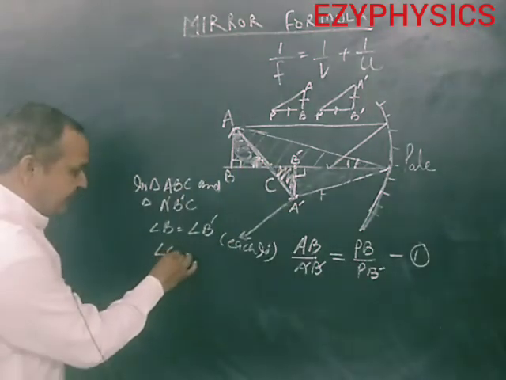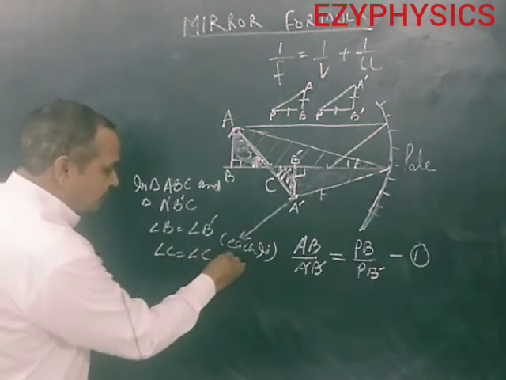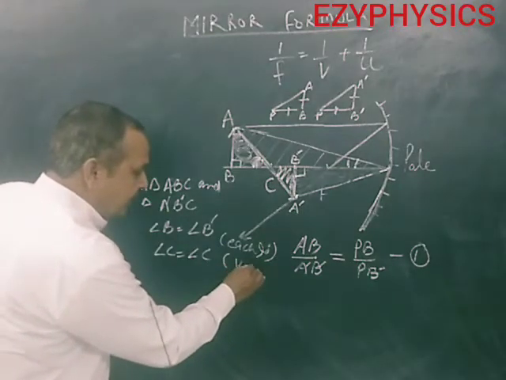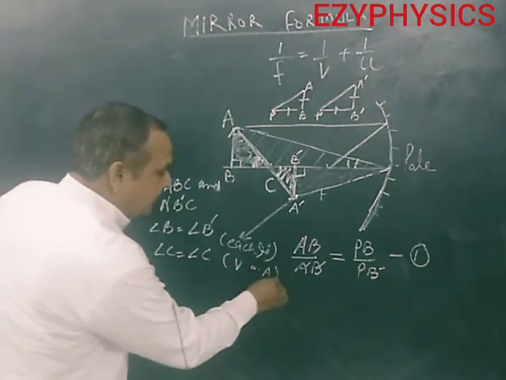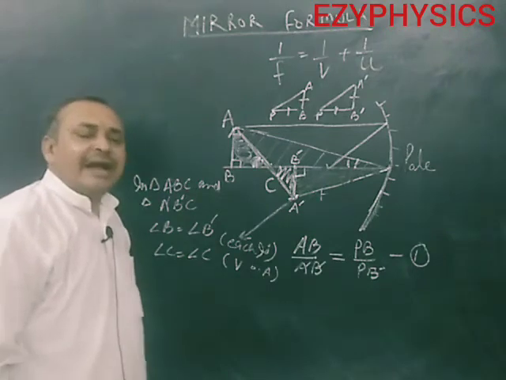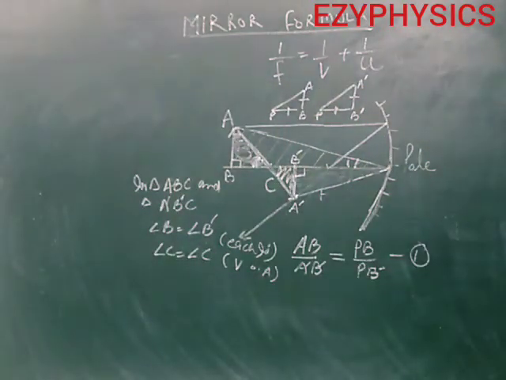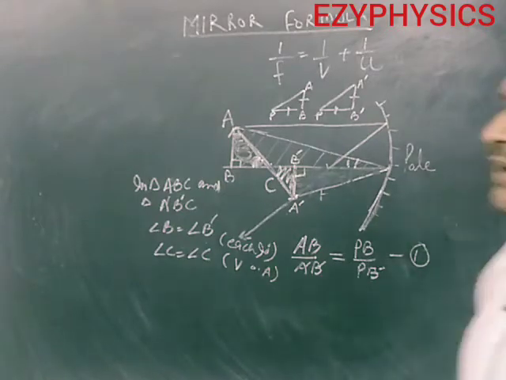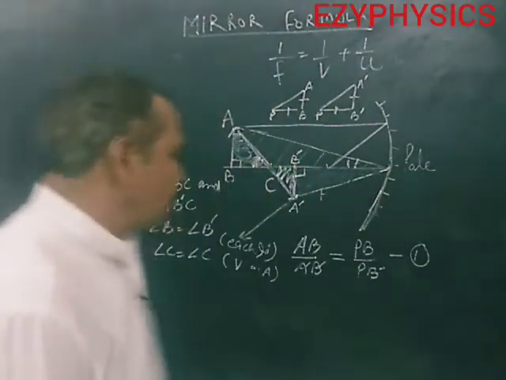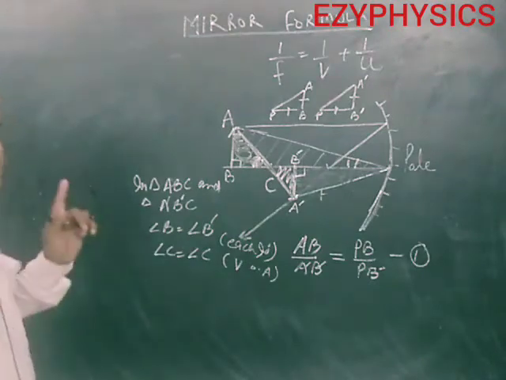That means angle C is equal to angle C, and these are vertically opposite angles. And again by angle similarity, the two triangles are similar.